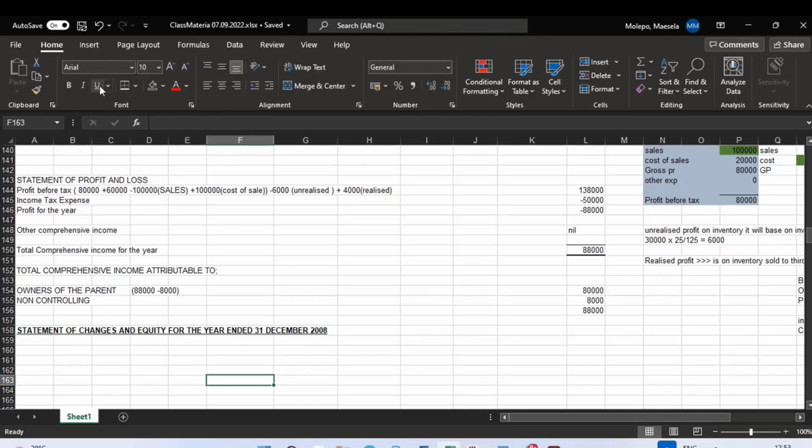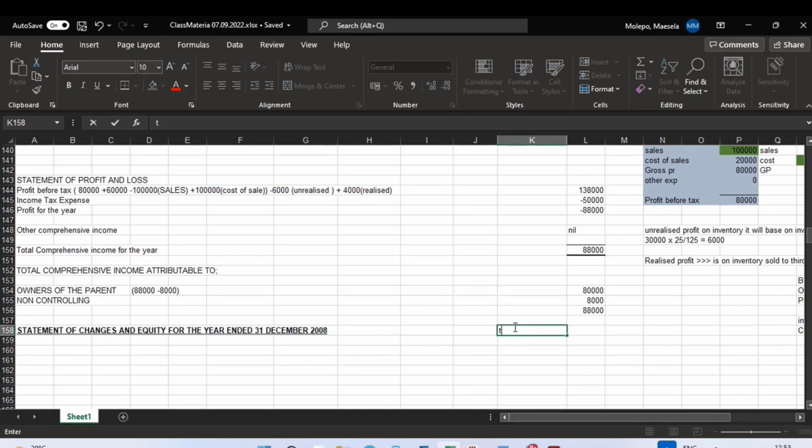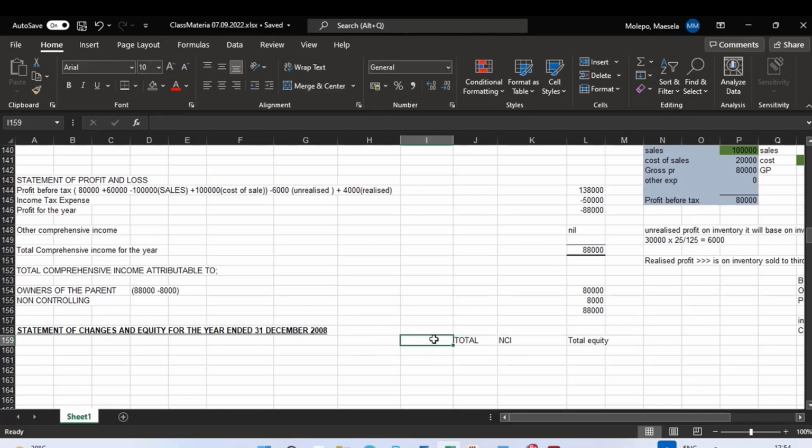The things involved here will be total equity, NCI, which is non-controlling interest, the total, the retained earnings, then share capital.